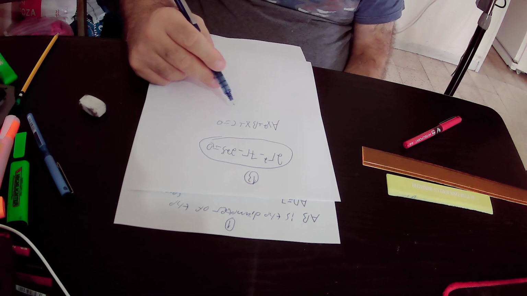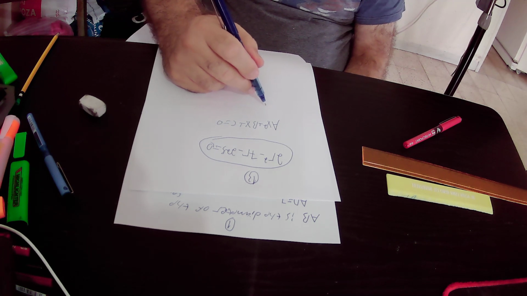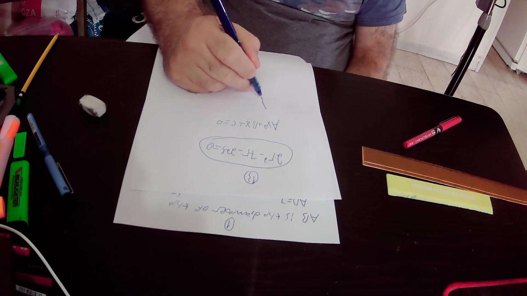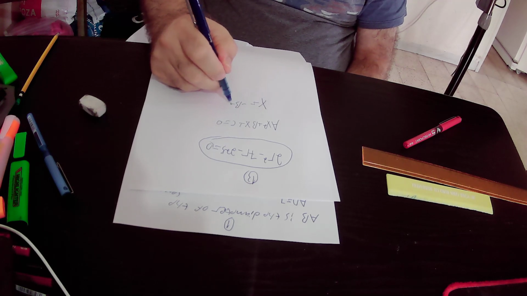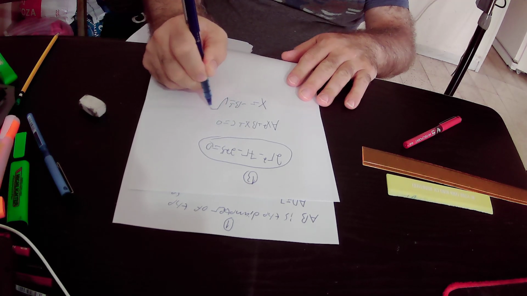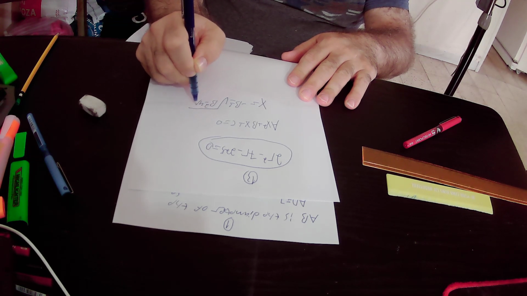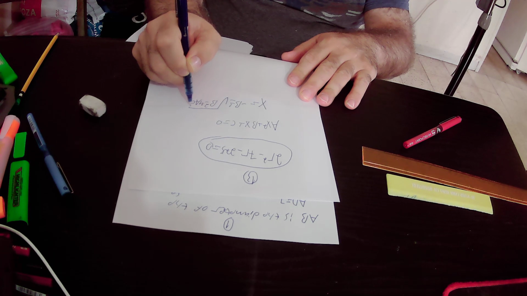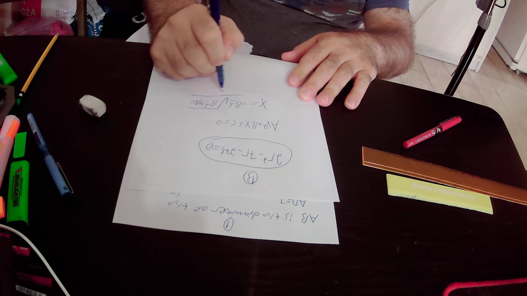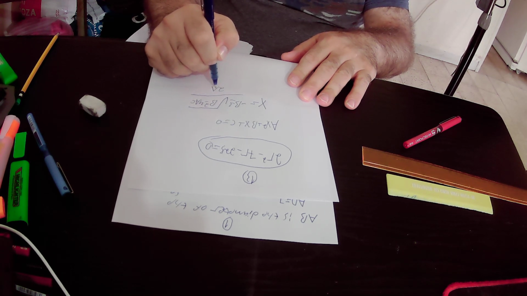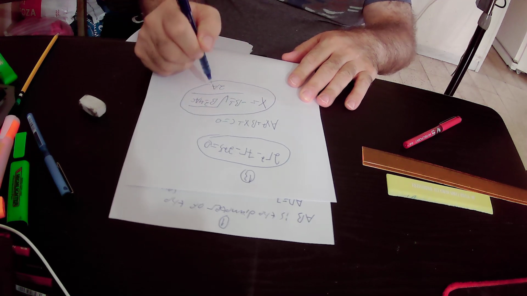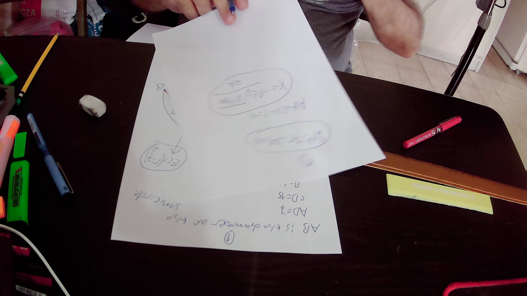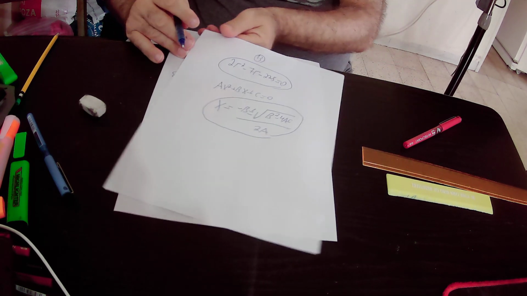We can find the value of x according to the special formula that states that x equals minus b plus minus the root of b squared minus 4 times a times c, over 2 times a.